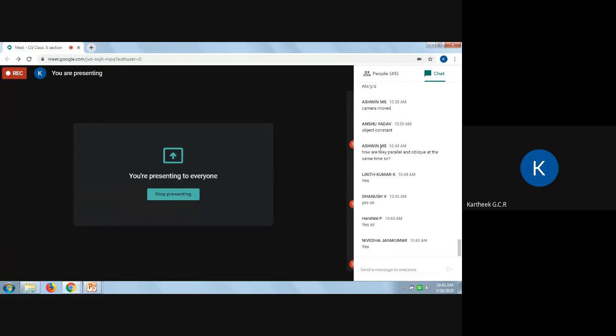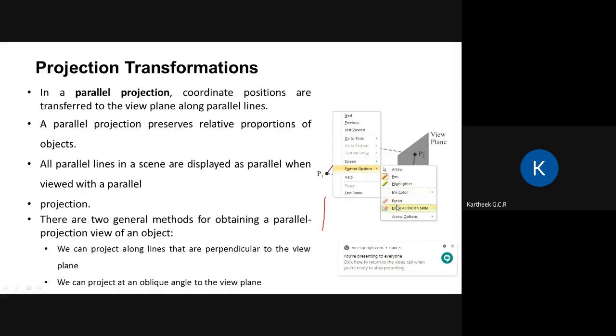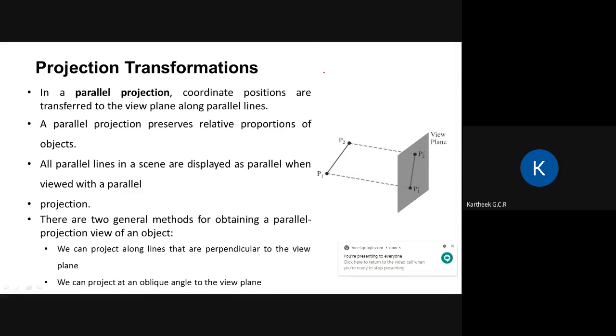See, parallel means the projectors are parallel to each other, right? Let's say that I have a cube like this.